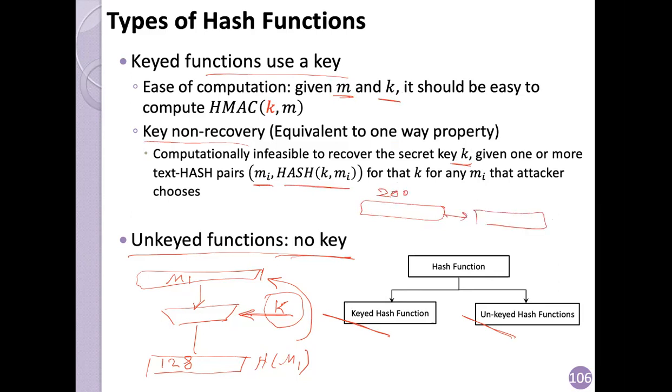I hash this and I get 128 bits. Looking at these two, or any number of such pairs, it shouldn't be computationally easy for me to derive the key, because if the attacker finds the key, it would be easy for them to impersonate the sender and play the role of the sender. This is a property that we like to see for keyed hash functions.